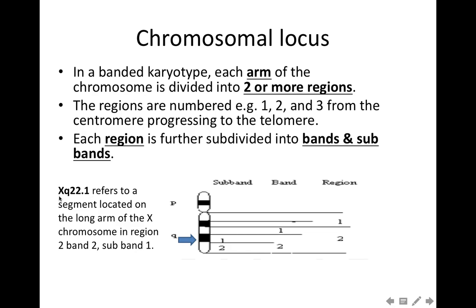So you never pronounce it as XQ twenty-two point one. This is wrong. You pronounce it as XQ two two point one, which means region 2, band 2, subband 1.